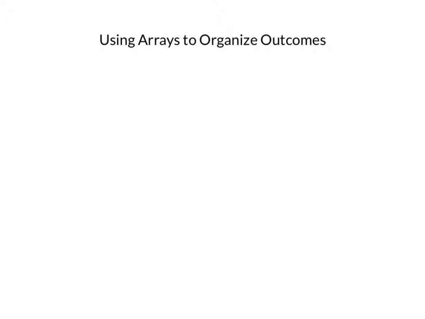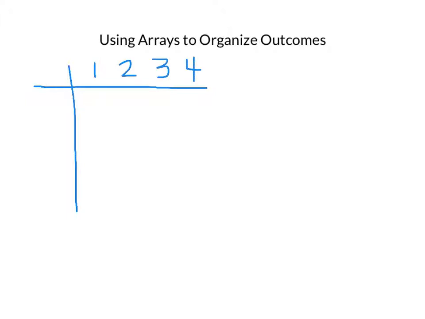So we need to create an array to organize all the possible outcomes. I would start with kind of a table type thing. And the outcomes of the first roll could be 1, 2, 3, or 4. And of the second roll, or of the second die, 1, 2, 3, and 4.